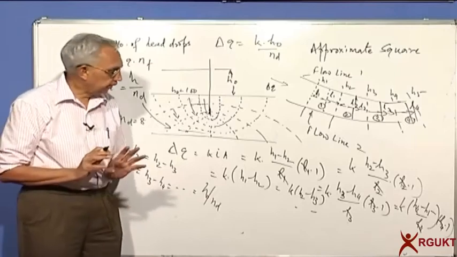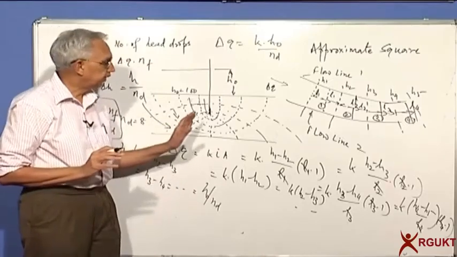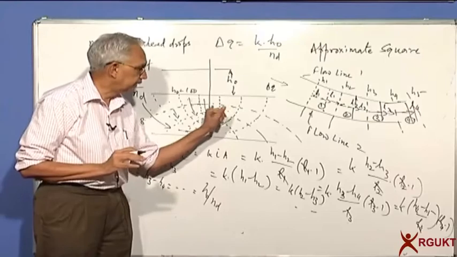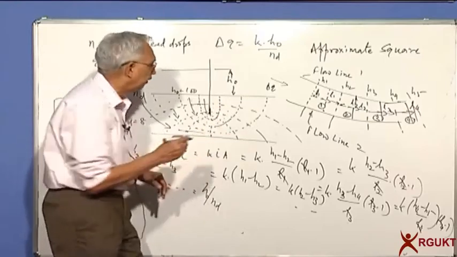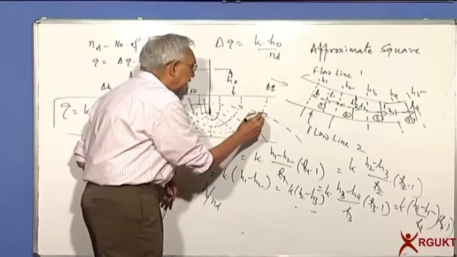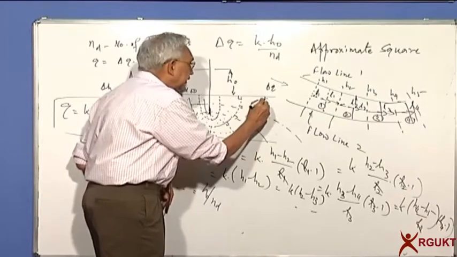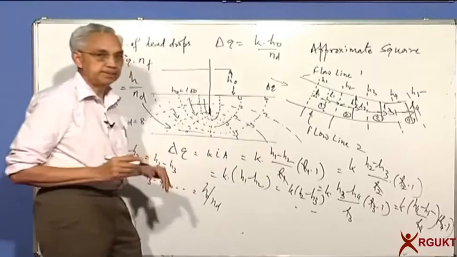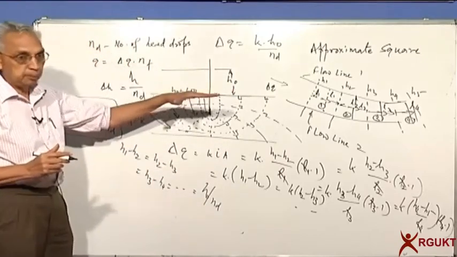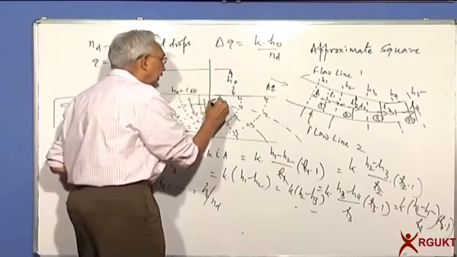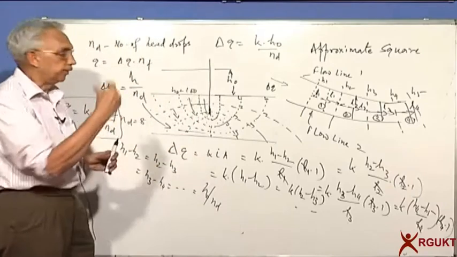The characteristics of flow nets are they should consist of flow lines and equipotential lines, and all of them should intersect orthogonally. Even here, please remember the downstream face or downstream surface is an equipotential line. So all the flow lines will have to come perpendicular to that.